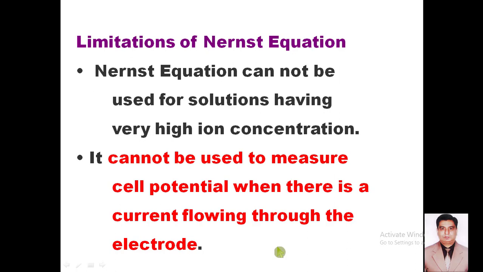So this is a very important limitation. So dear students, one limitation of the Nernst equation is that it cannot be used for solutions having very high ion concentration, and the second limitation is that it cannot be used to measure the cell potential when there is a current flowing through the electrode.